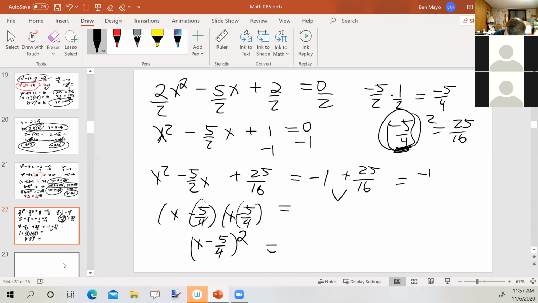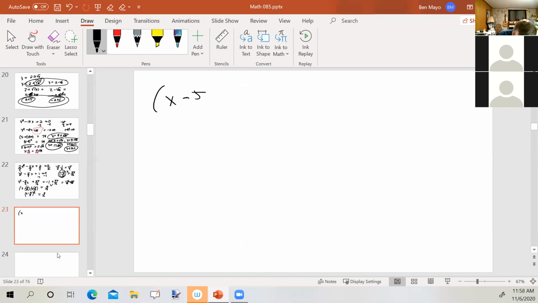This would be like negative 16/16 plus 25/16, because I need a common denominator of 16. Negative 16 plus 25 is what? 9. So I've got 9/16. Okay. I'm going to recopy that on the next page. x minus 5/4 squared equals 9/16.